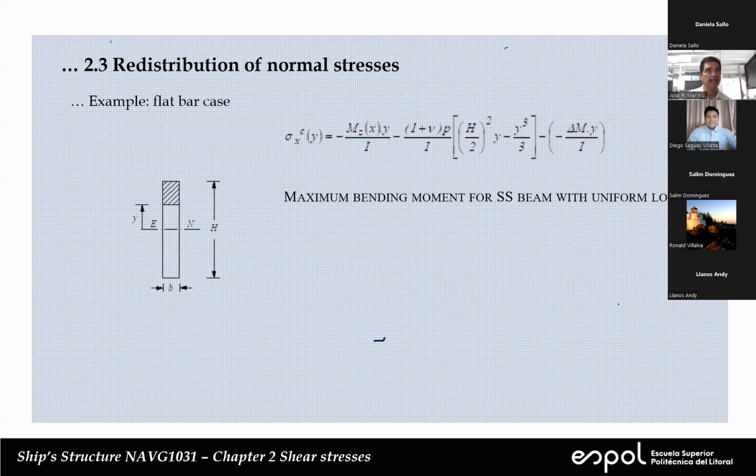So we're going to consider a simply supported beam. This is the beam that we are analyzing. And we have uniform loading. This is equal to -5.